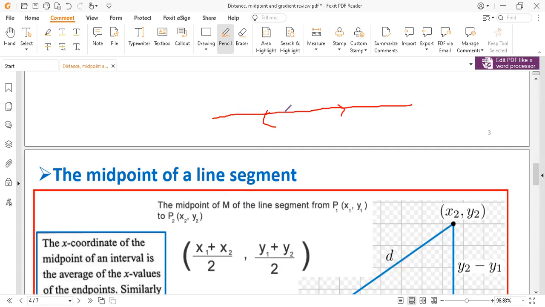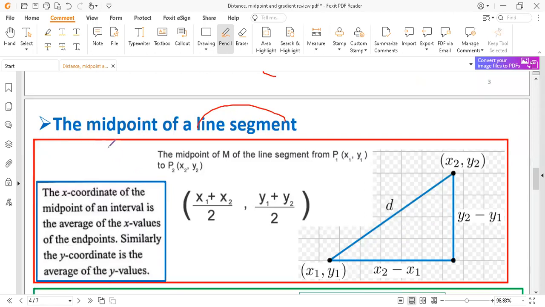So we can't find the midpoint of a line, but we can for a line segment. The difference between a line and a line segment is that the line segment is restricted to 2 endpoints.